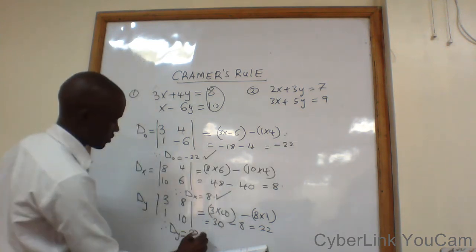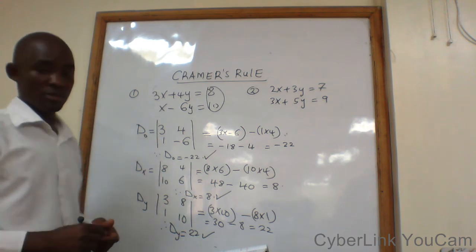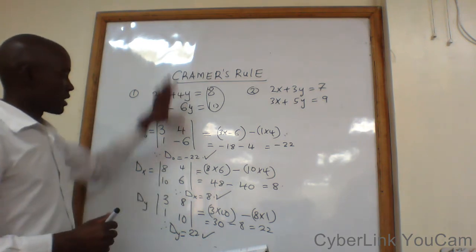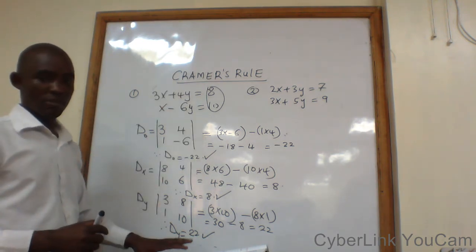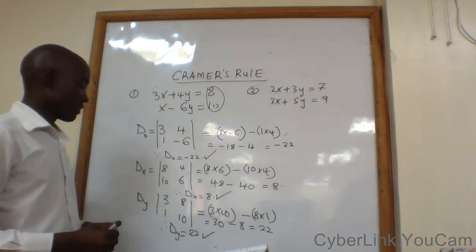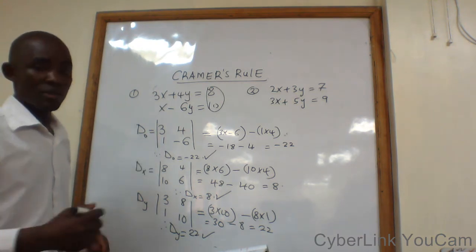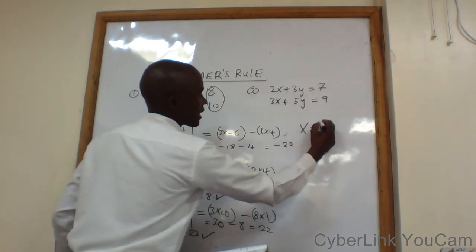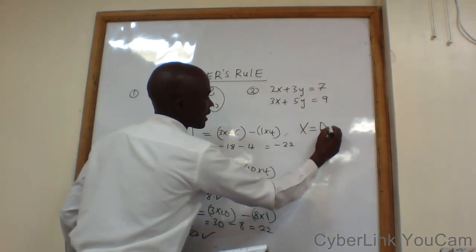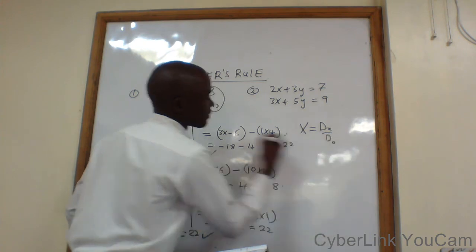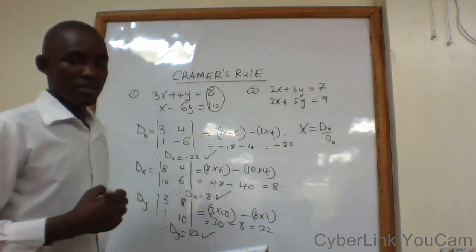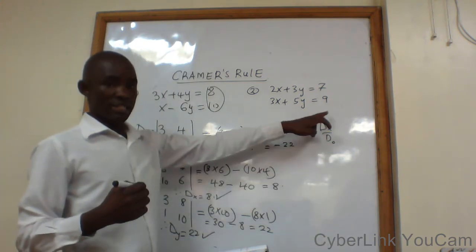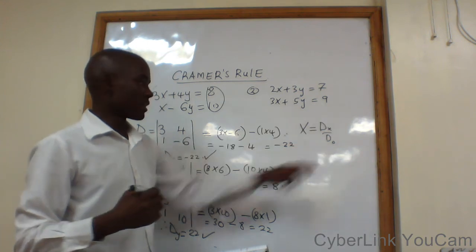These determinants are very crucial because, like I told you, this method involves using a lot of determinants. So basically, if you need to get your x, our x will be given by dx all over d naught. That is how we will get our x. You take the dx divided by the original determinant.